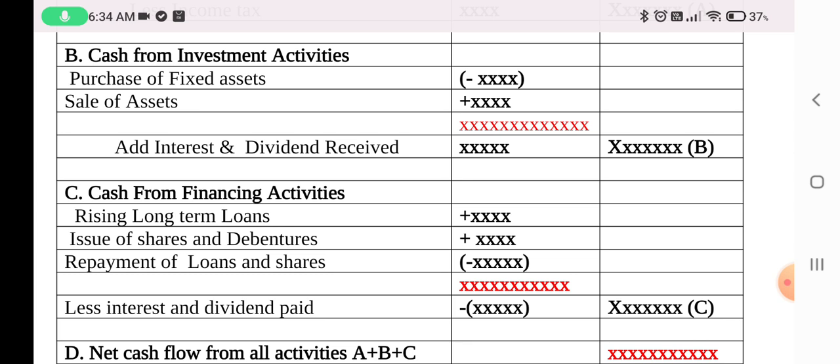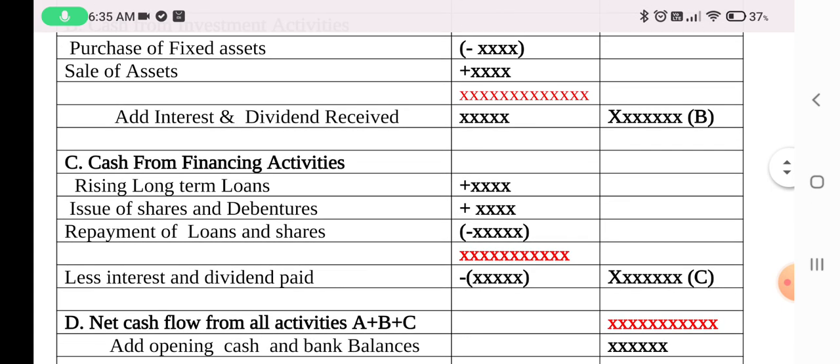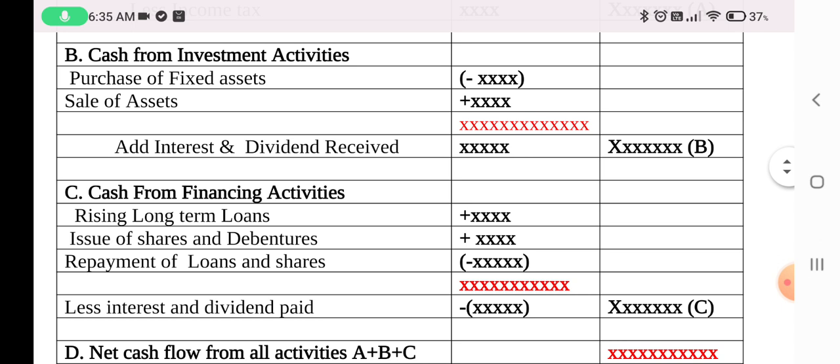The sale of assets will bring cash inside, so it should be a positive balance. After adjusting, there are several assets, I put here only two: building, machinery, furniture, whatever it is. All these changes are to be recorded, and then the final adjustment.